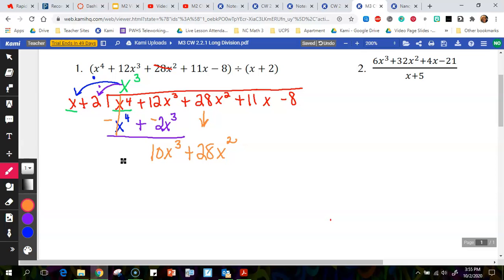Okay, so what is 10x cubed divided by x? It's 10x squared because it's the 3 minus the 1, or you could write it 10x times x times x over x, and one of those is going to cancel out, and you have 10x squared left over.